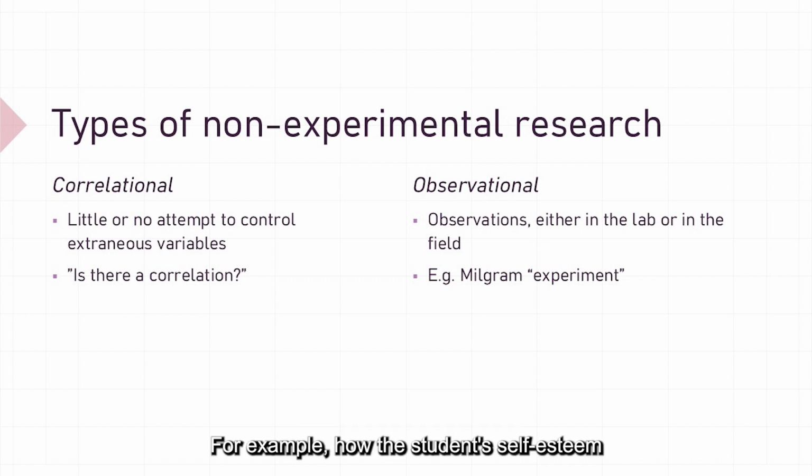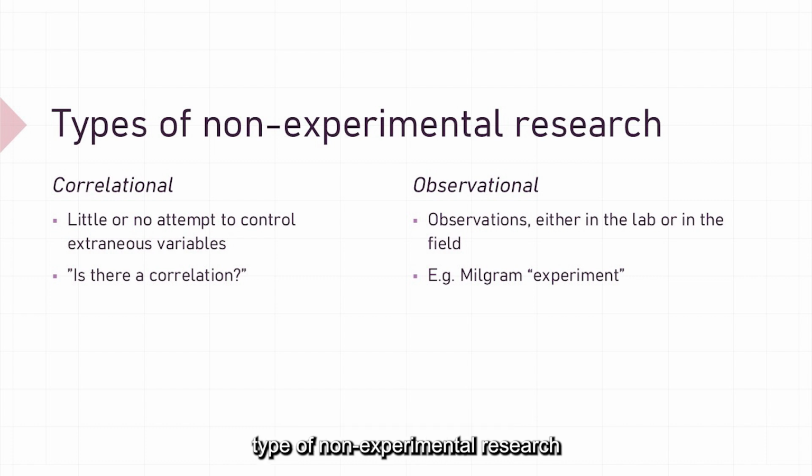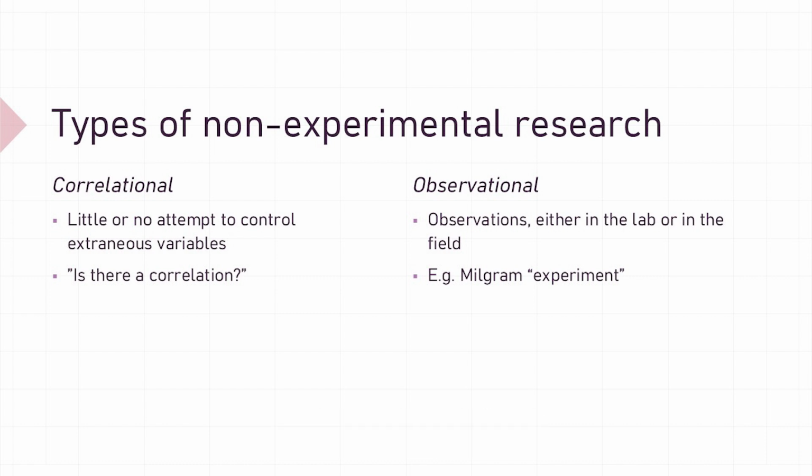For example, how students' self-esteem correlates with their GPA. It would be highly unethical to manipulate students' self-esteem. A second type of non-experimental research is observational research. In this case, the researcher makes observations of subject behavior in a lab or in the real world.